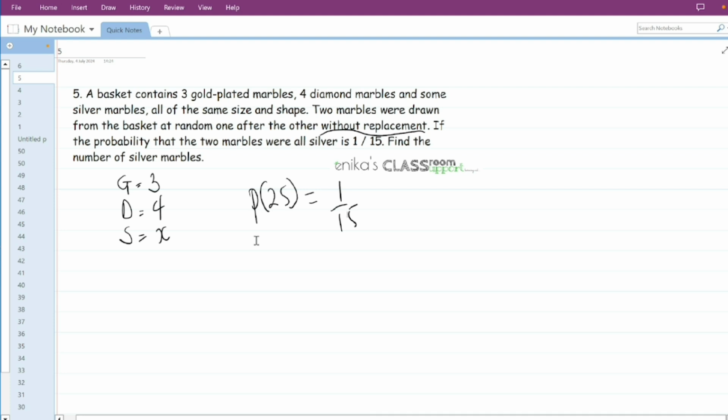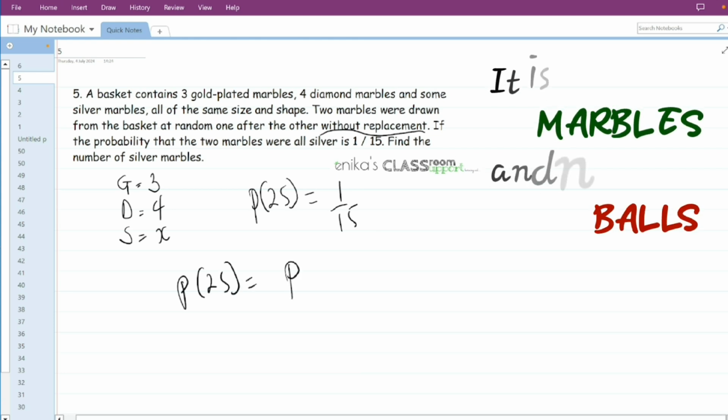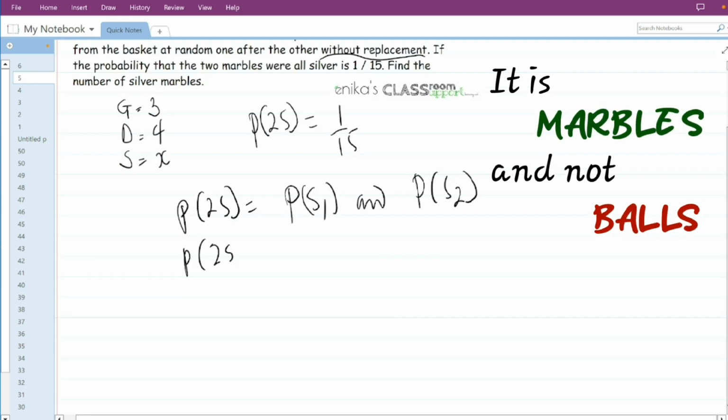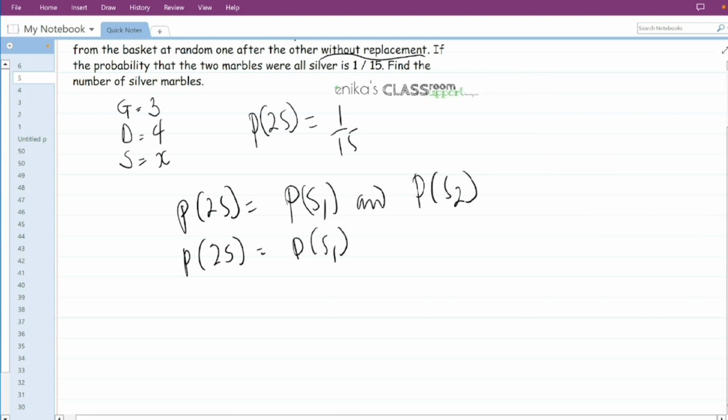So we know in a normal situation, the probability of 2 silver balls is the probability of the first silver ball and the probability of the second silver ball. The word and in probability means multiplication, so we know it as times.